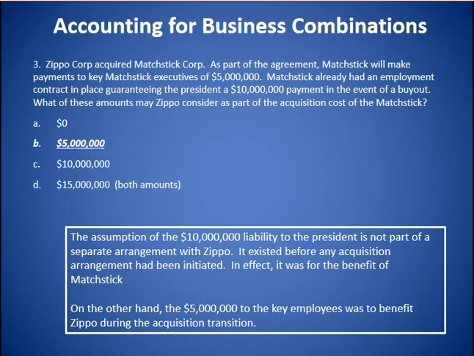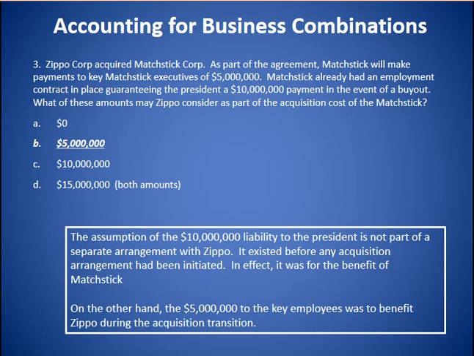Okay, number 3. What of these amounts may Zippo consider as part of the acquisition cost of Matchstick? And in this case, the answer is B, $5 million. The assumption of the $10 million liability to the president is not part of a separate agreement with Zippo. It existed before any acquisition arrangement had to be identified.